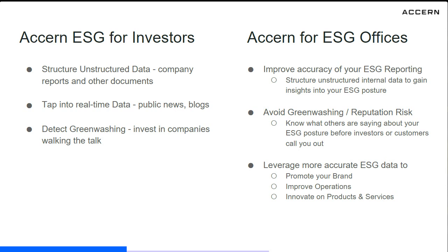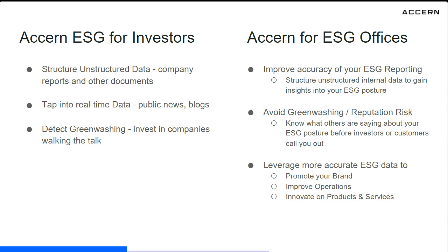And then looking at how Accern is utilized for ESG offices. So we see lots of internal teams who are using our system to improve the accuracy of their ESG reporting. Now, companies by themselves want to be as transparent as possible, and not create any kind of ambiguity in the way they present the information.